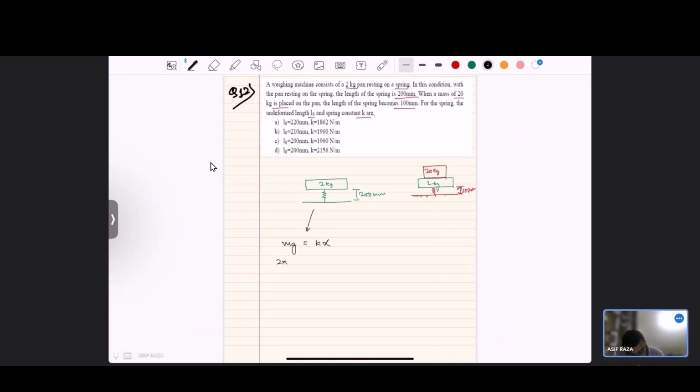So 20 times g, I'll just use the symbol g, not giving the value 9.81, k as this. Since it would be a compression, it would be L0 minus 200.